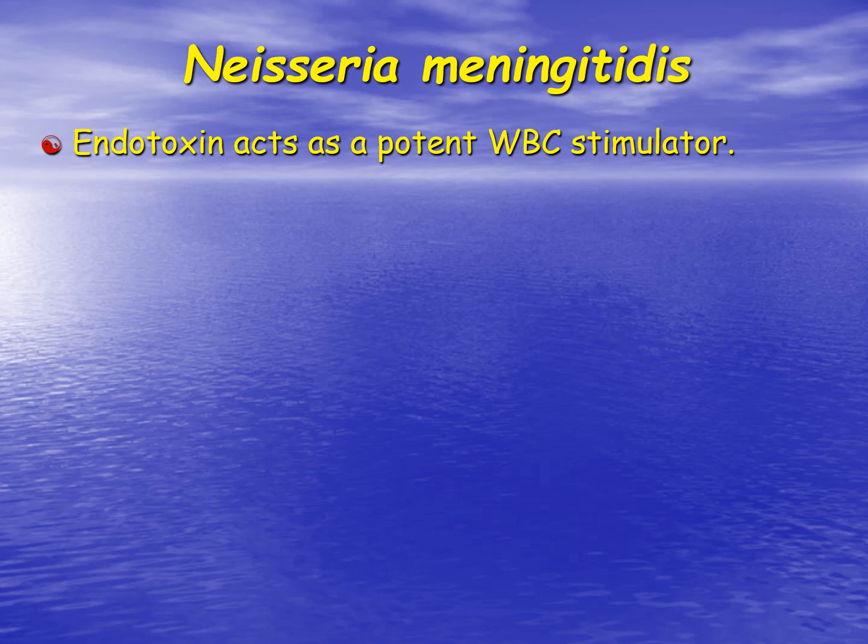Neisseria actually produces an endotoxin that acts as a potent white blood cell stimulator. And this will cause many white blood cells to go through diapedesis in nearby capillaries. And this can cause small bleeding areas called petechiae.